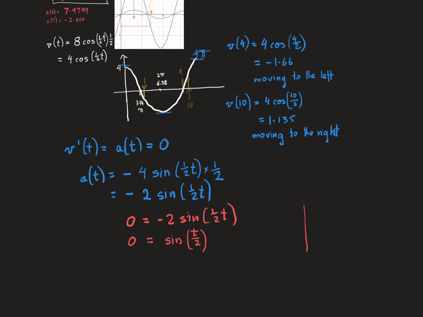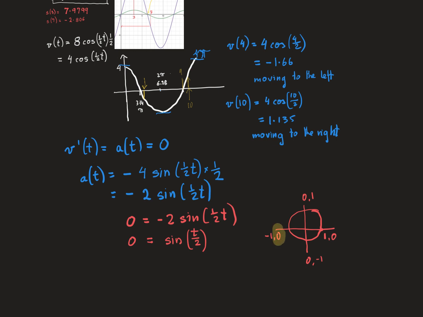If we have a look at our unit circle here, over here we've got 1, 0, and over here 0, 1. Over here we've got -1, 0, and the coordinates of that one are 0, -1.